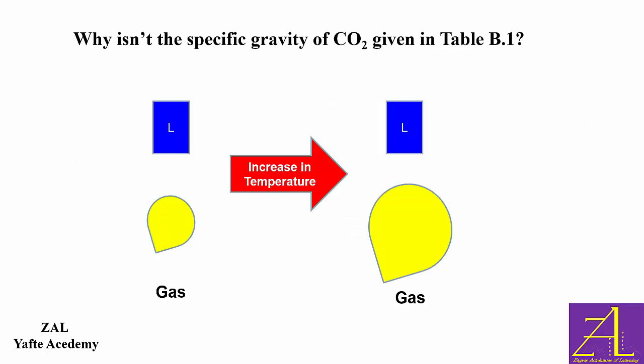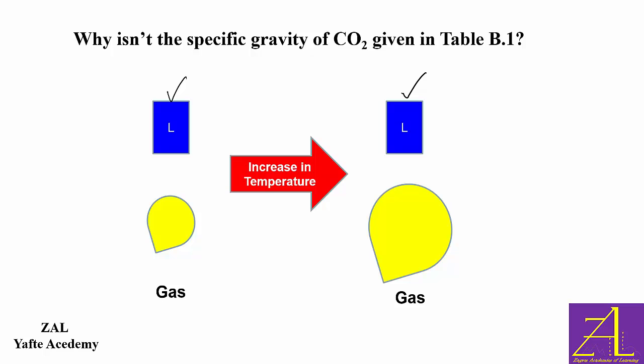Finally, in this exercise, the last question is, why isn't the specific gravity of carbon dioxide given in the table? And that's because it's a gas. If you take the liquid at some temperature and you increase the temperature, the volume and density of the liquid will not change that much. So it's not appreciable. So it's not worth tabulating in the system.